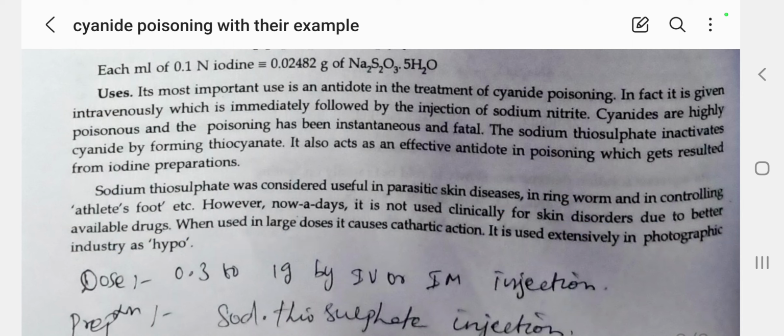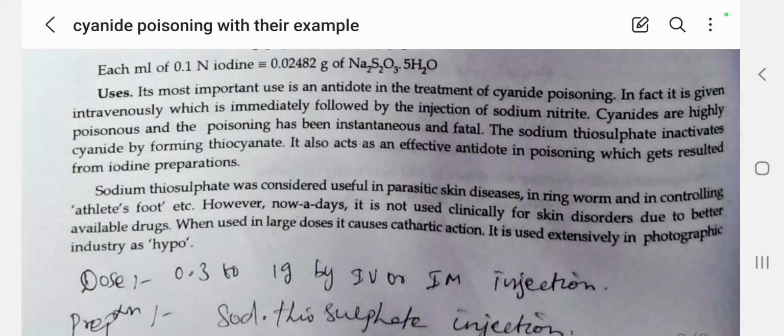It is also used extensively in the photographic industry as hypo. Overall, it is mainly used for the treatment of cyanide poisoning, controlling athlete's foot, and skin disorders, and as a cathartic.